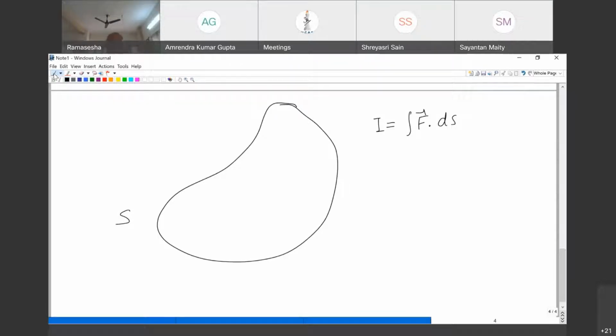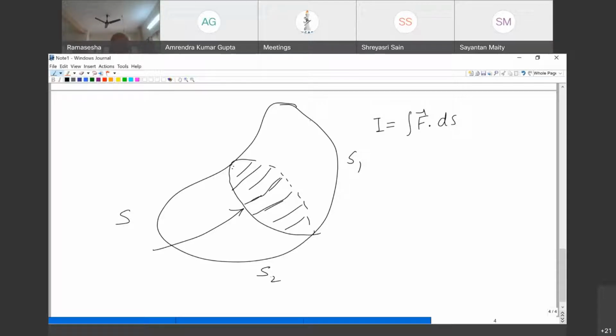Now I can break it up into two parts, S1 and S2. The amount that is entering S2 is what is leaving S1. So the boundary does not contribute anything to the flow. Am I right?